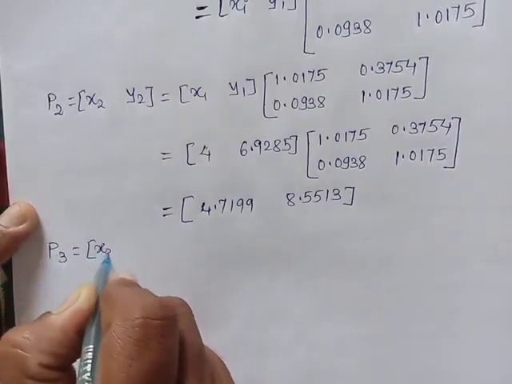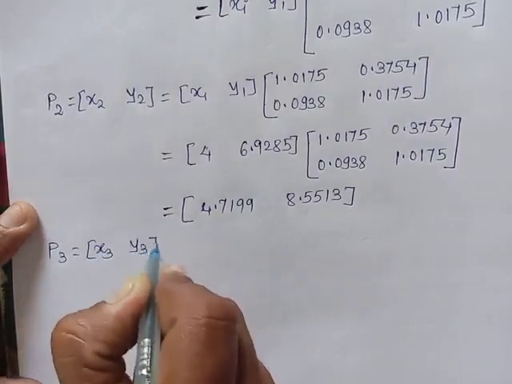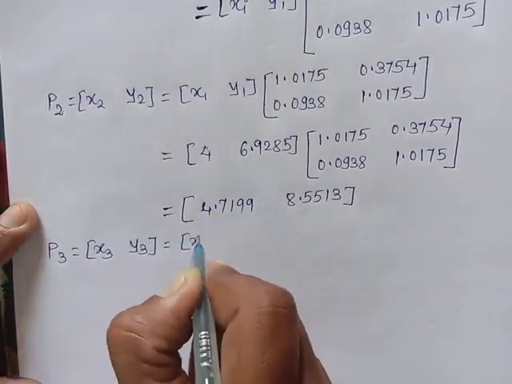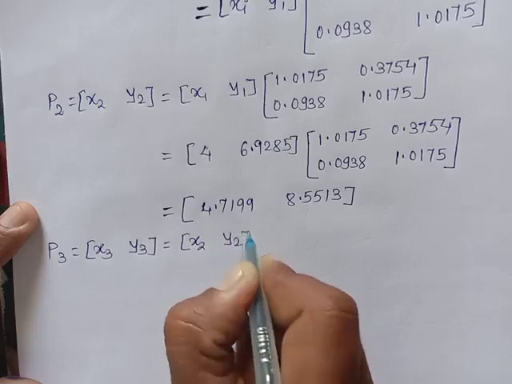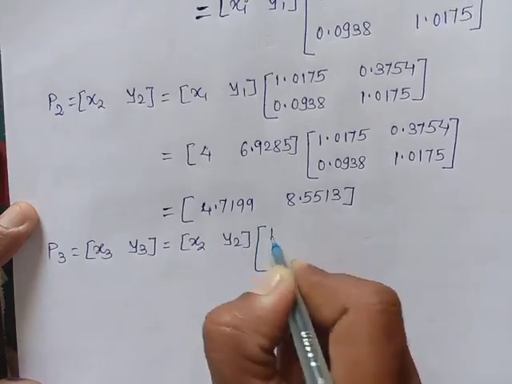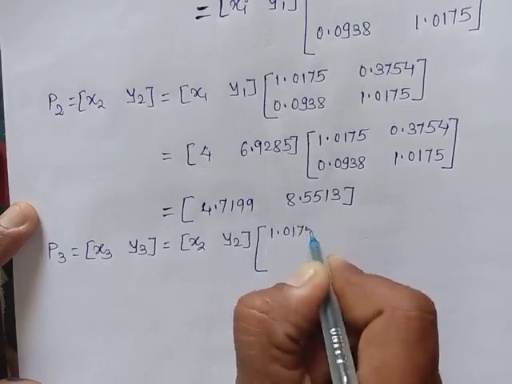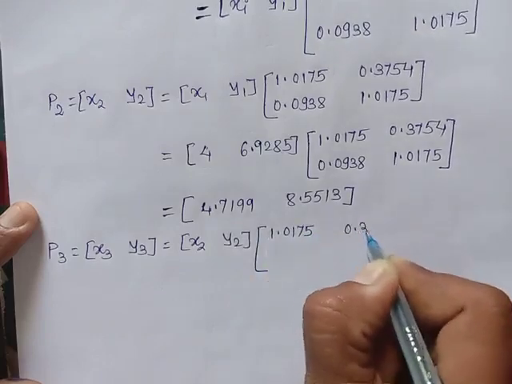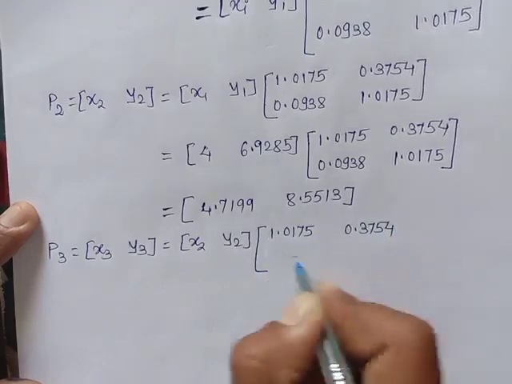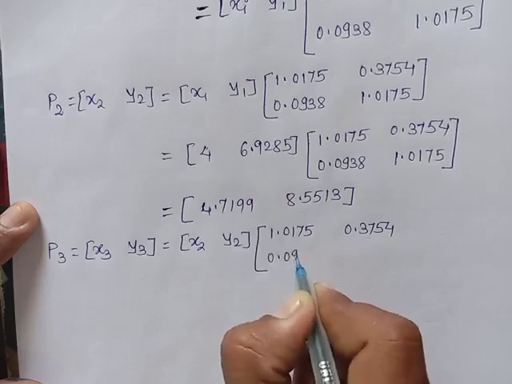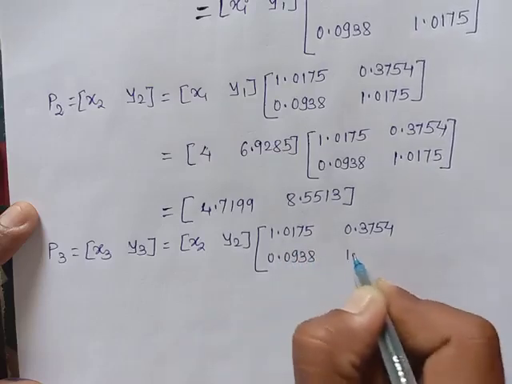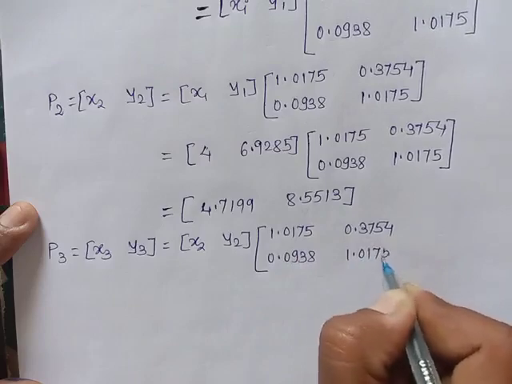Now P3 is x3 y3. That will be x2 y2 into 1.0175, 0.3754, 0.0938, 1.0175.